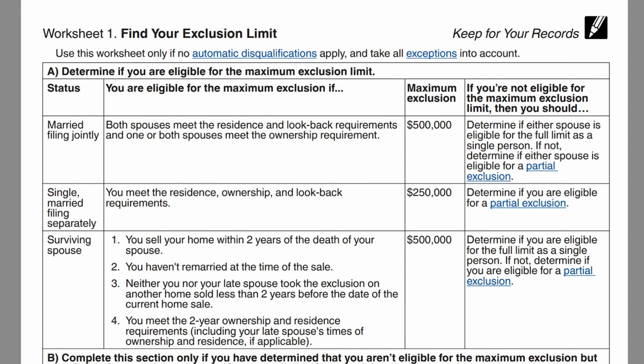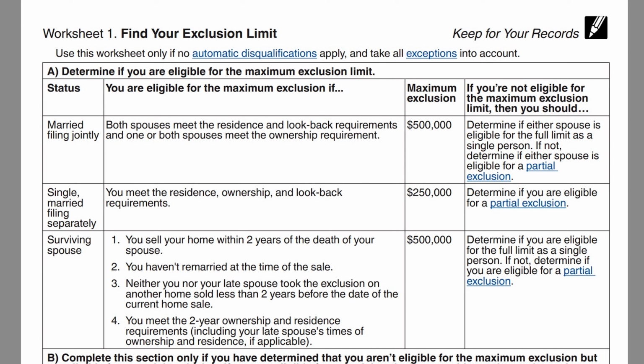For example, military service members, members of the uniformed services to be specific, have access to what's known as a stop the clock provision, where you can extend that period of 5 years by as much as 10 additional years. You would do that if you were on permanent change of station orders.